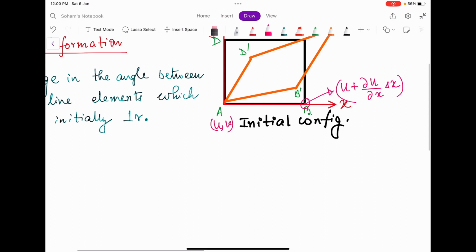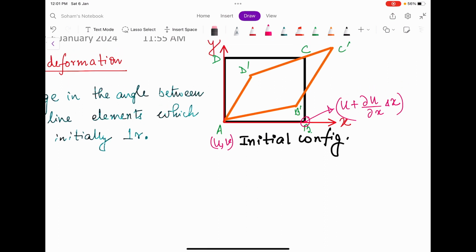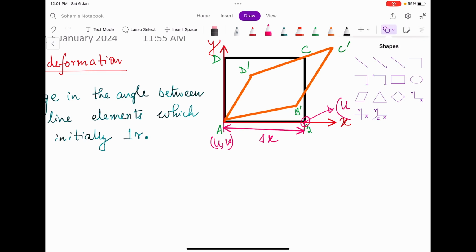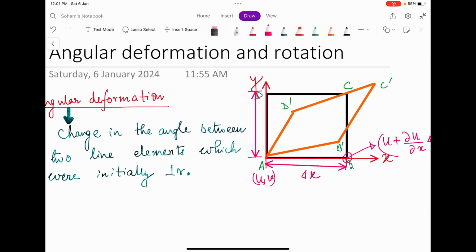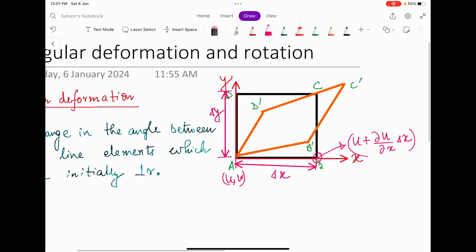Let me define this ab as del x, and AD as del y, right?